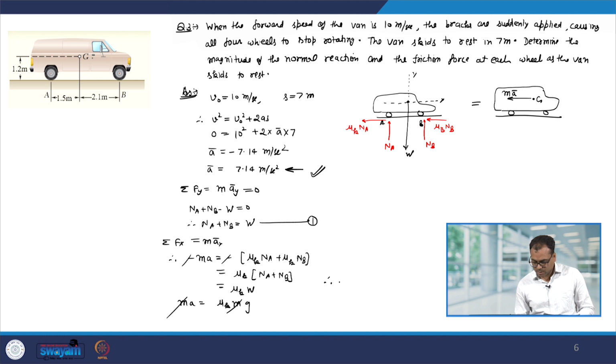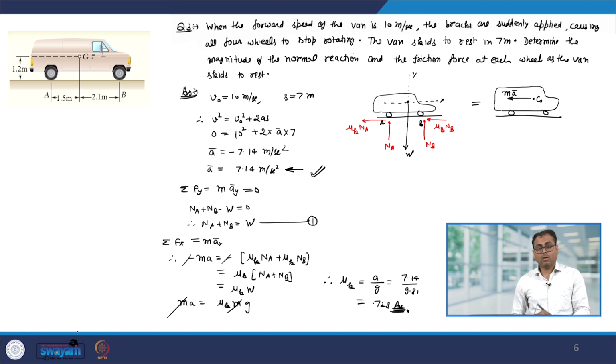So, therefore, mu k will be A divided by g. A is 7.14 divided by 9.81, and that is equal to 0.728.